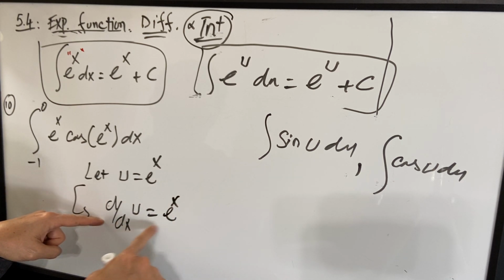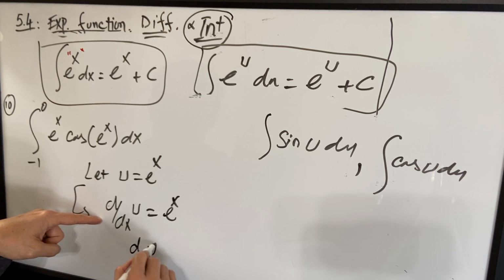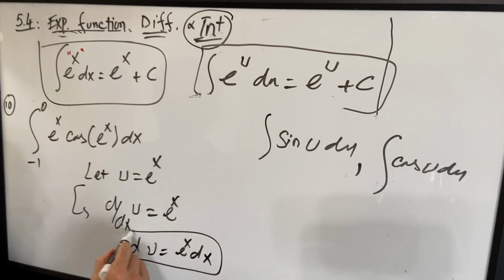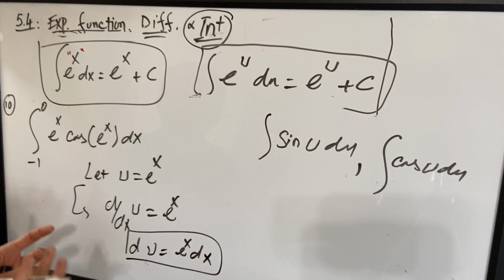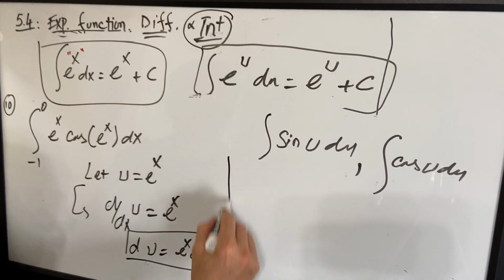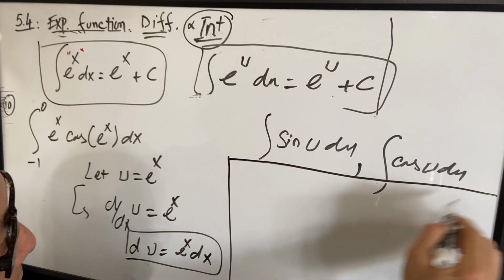Okay, now can I bring the dx over? Okay, bring the dx over, which gives you du equals e to the x dx. That is it right there, guys. Now you can convert the variable x into u for me.